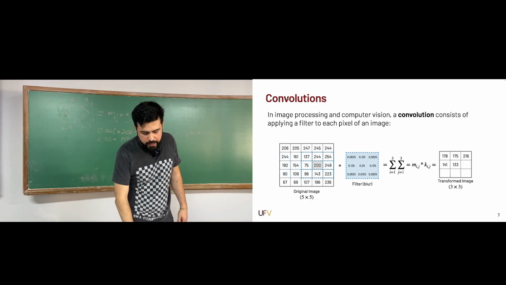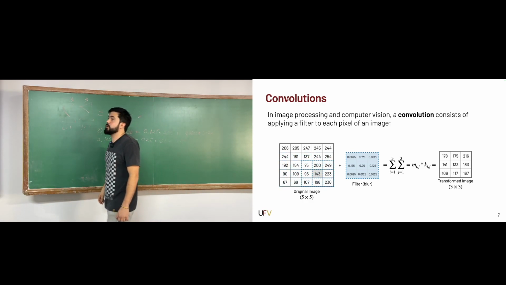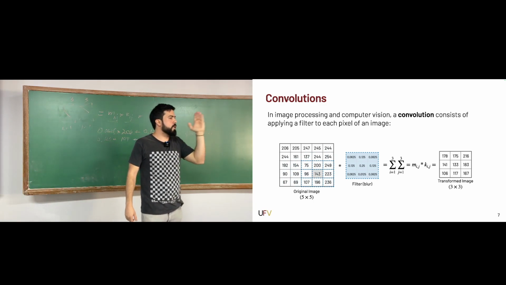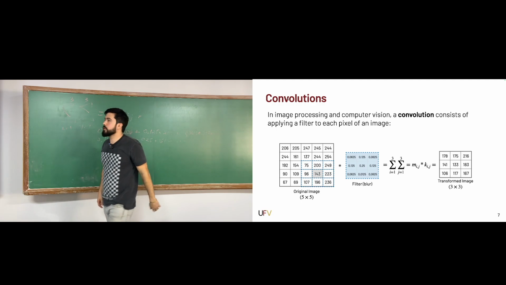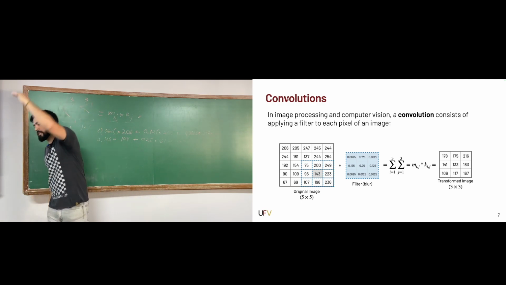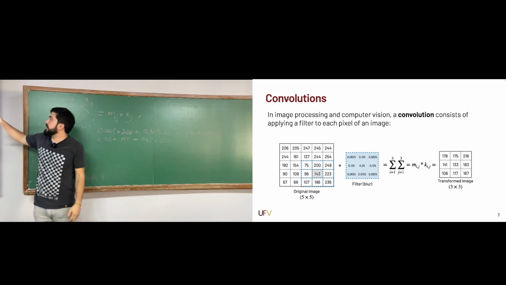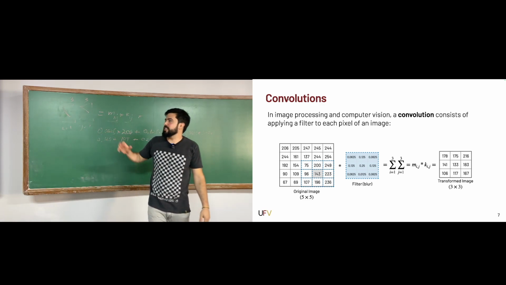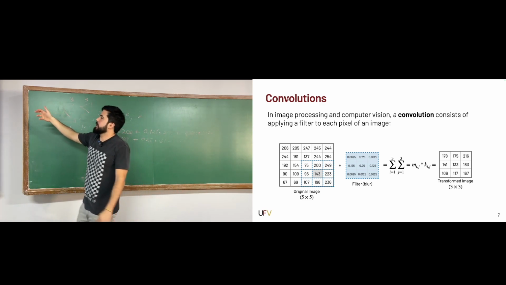And hopefully you got the idea. Now I just slide the window from the left to the right, from the top to the bottom, one step at a time, both horizontally and vertically, and I get that resulting image. Okay. So this is a transformed image.